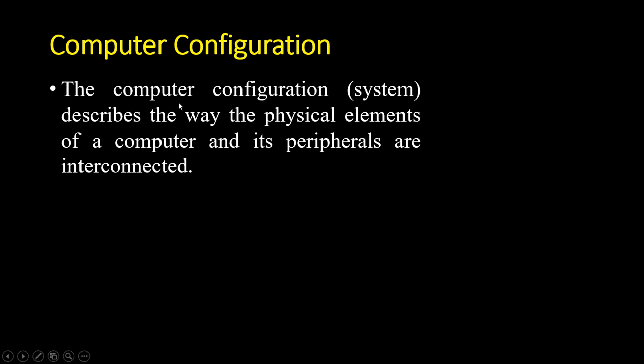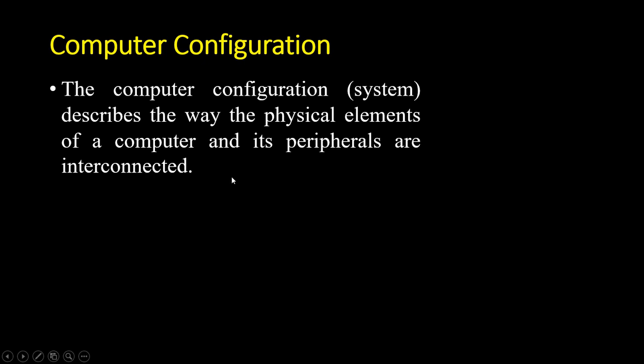We say the computer configuration describes the way the physical elements of a computer and its peripherals are interconnected. Mark down the computer and its peripherals. We are going to look at what are peripherals and what are computer, because we need to separate a computer itself and the other peripherals.